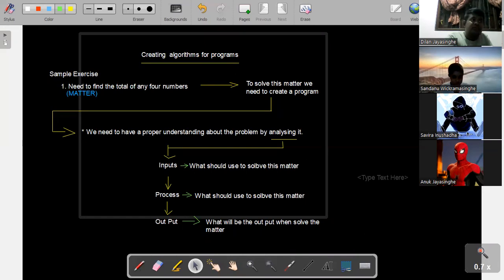Anuk, please switch on the video. You cannot switch this off, because Savira cannot switch on, he has a power matter. Right.